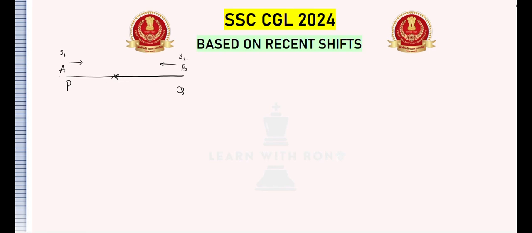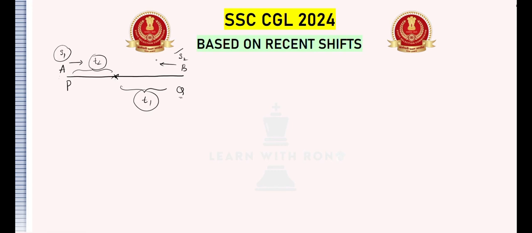So from the crossing point to reach the Q station, A takes, let's say, T1 time. From the crossing point, B takes T2 time to reach the station P. Now in the question they will give like S1, T2, T1, and ask us to find S2, meaning in these 4 variables they will give 3 variables to you and you will find the remaining variable.